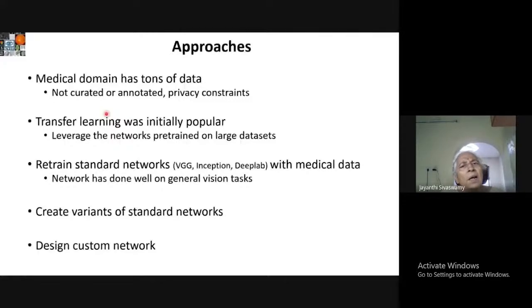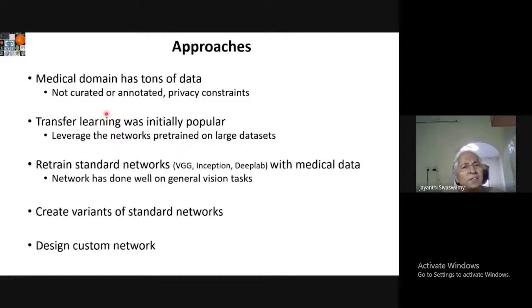So we have deep learning done initially in computer vision kind of tasks where millions of data is available, and networks like VGG, ResNet, GoogleNet, all these networks are there, and they have been trained on these millions of images.